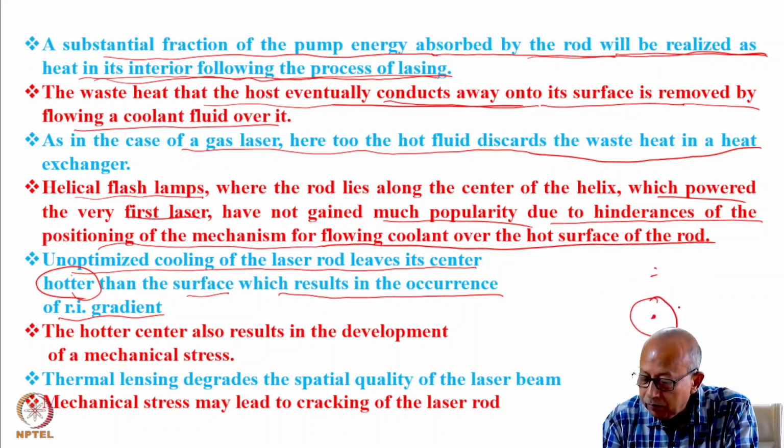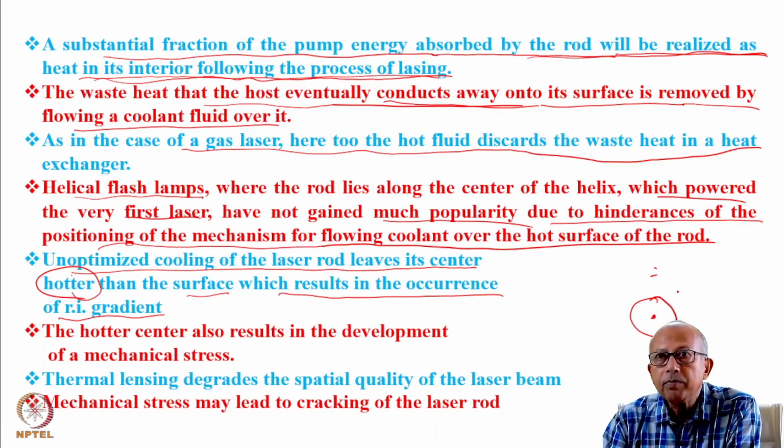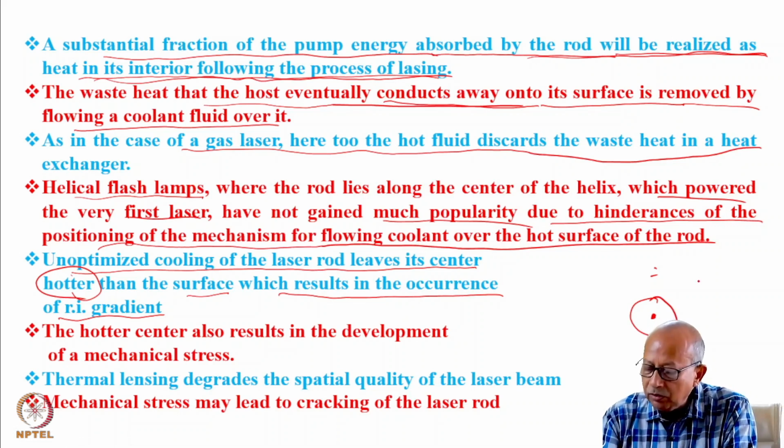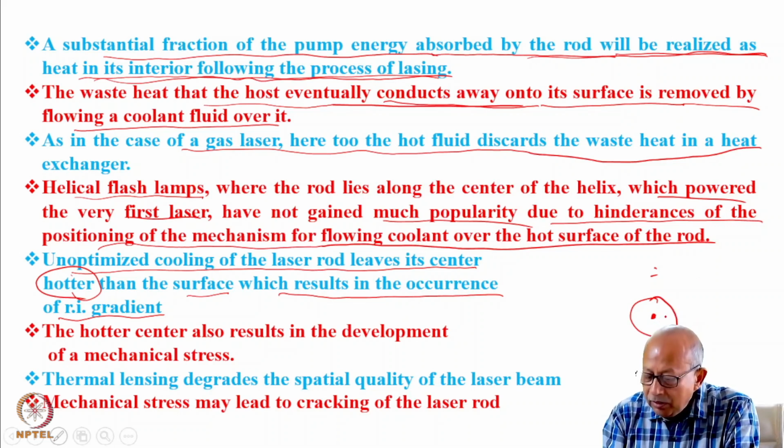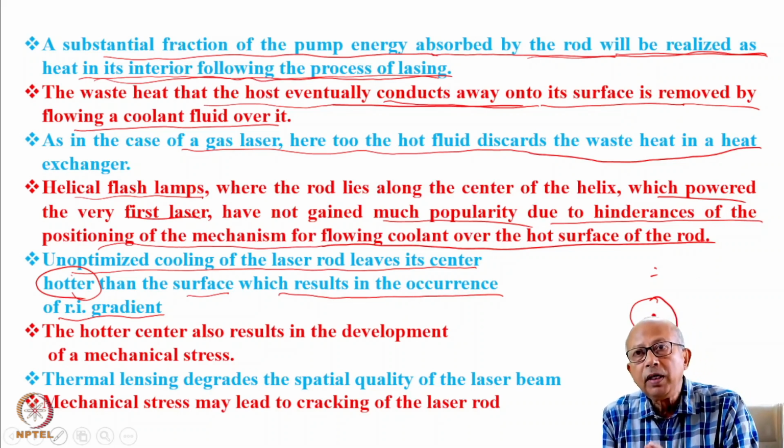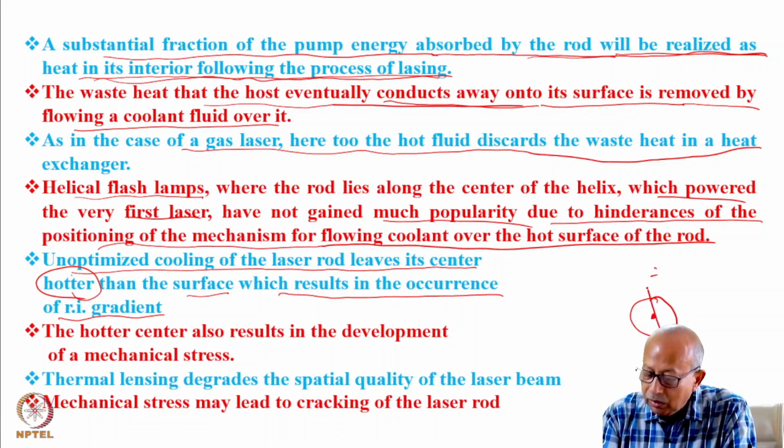Center is hotter and the periphery is cooler. So there will be a temperature gradient. Refractive index depends on temperature. That means there will be a refractive index gradient as well across the diameter.